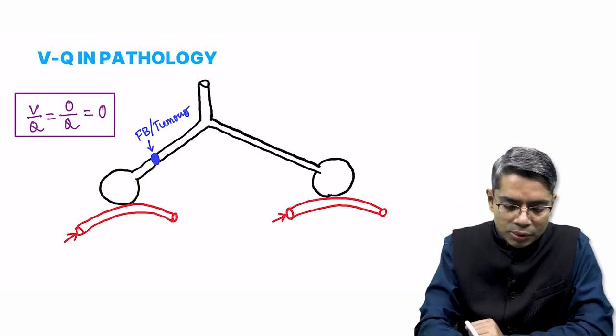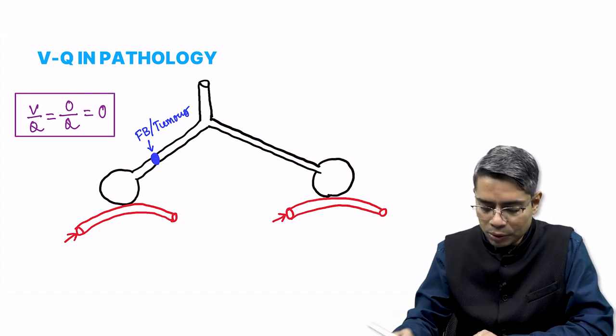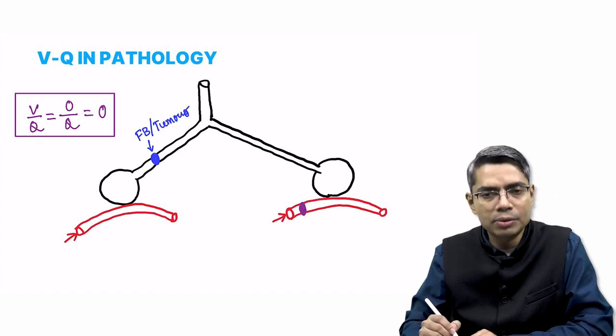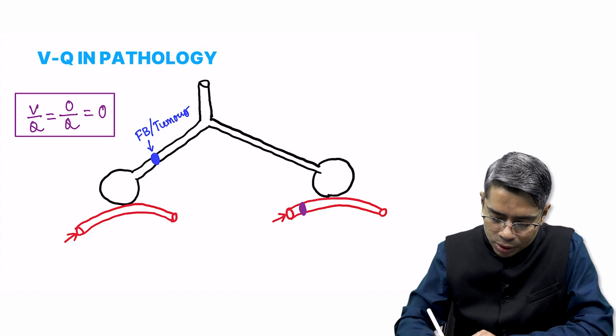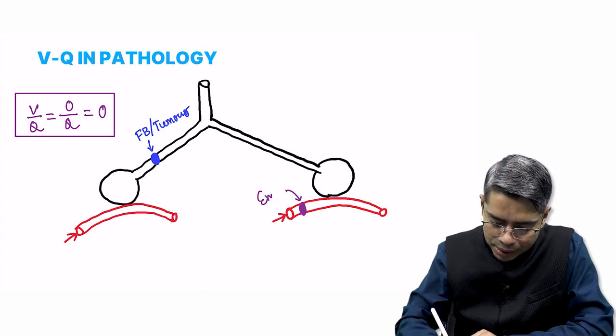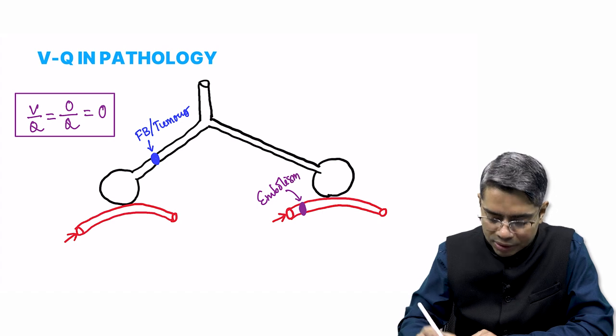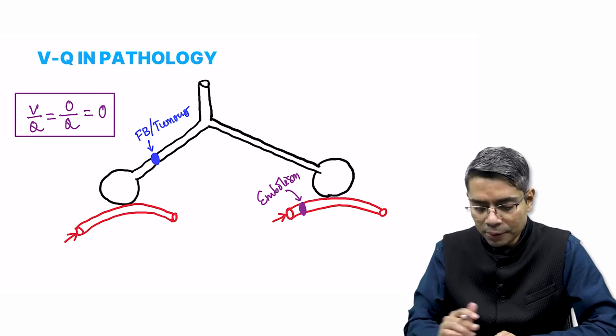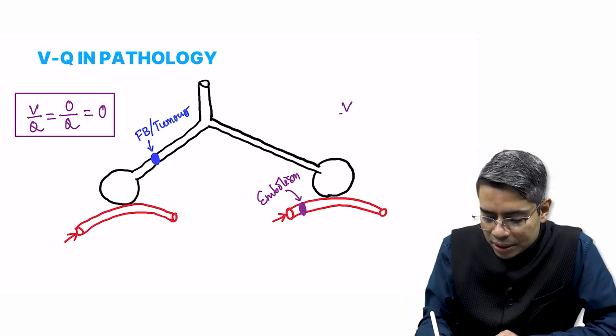And on the other side, we are going to understand another extreme scenario where an embolism is completely blocking the blood flow to this alveolus. So whenever an embolism is blocking the blood flow, what will happen to the VQ ratio in this alveolus?